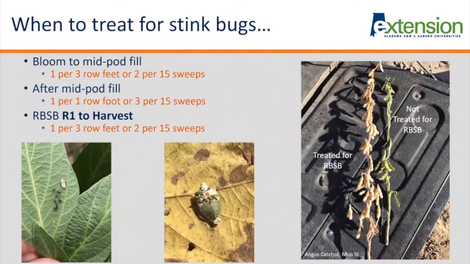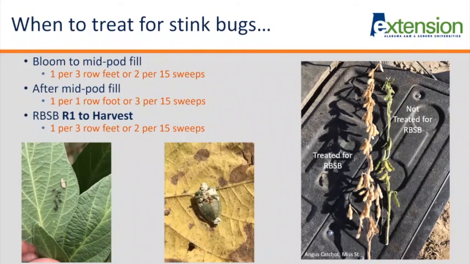It's important that we stay ahead of them because once they get established, they can really reproduce quickly. And one other point to make, I think, Dr. Smith, is that in our indeterminate beans, where podding starts in the bottom and works its way up, these red banded stink bugs are going to be in the bottom where the pods are.